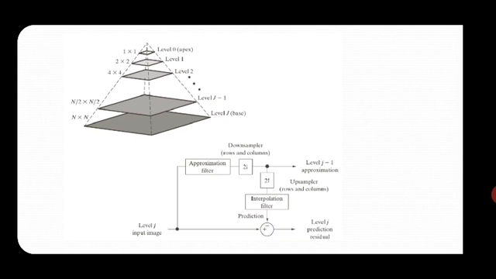Now you can see the block diagram is a simple system for constructing two intimately related image pyramids. The approximation output provides the images needed to build an approximation pyramid. At level j, the prediction residual output is used to build a complementary prediction residual pyramid.